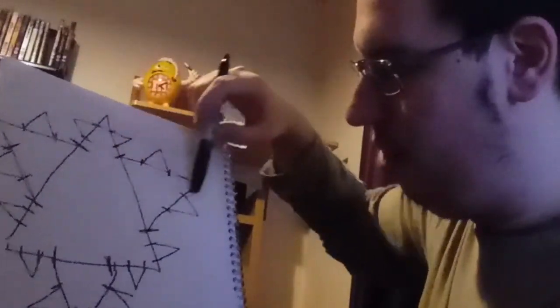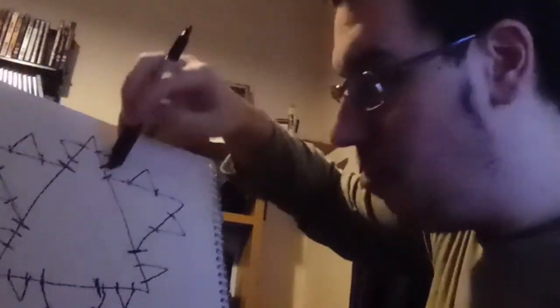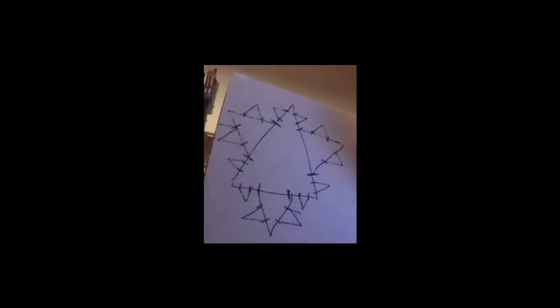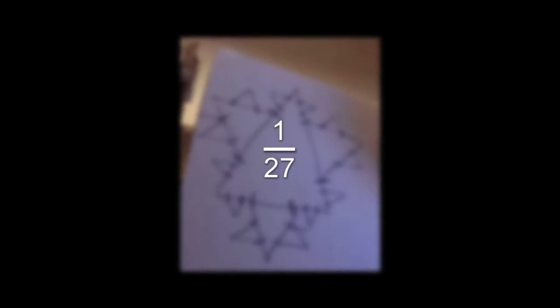These smaller triangles here have length a third, and now these even smaller triangles have length a ninth. We can see that there is some iteration process going on here, since we are repeating this process over and over. The lengths will continue to get smaller and smaller by factors of 3, so the next iteration from this drawing that I made here will give us lengths of 1/27, and so on and so forth.